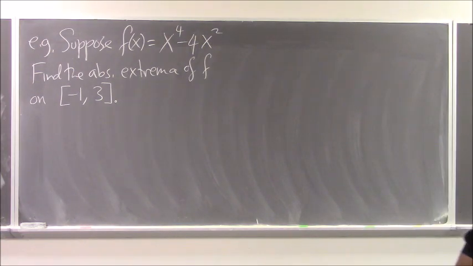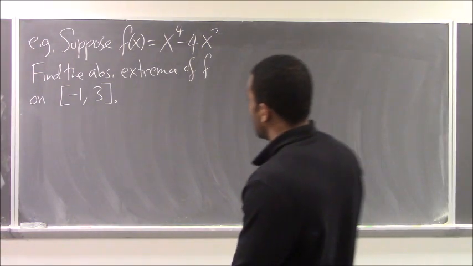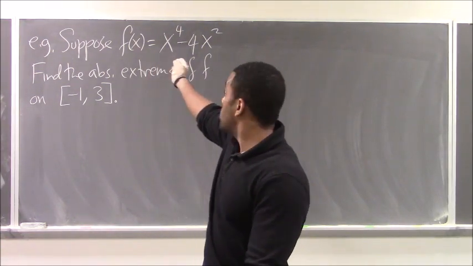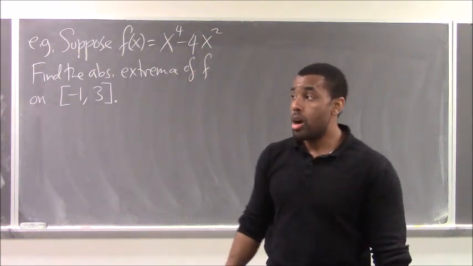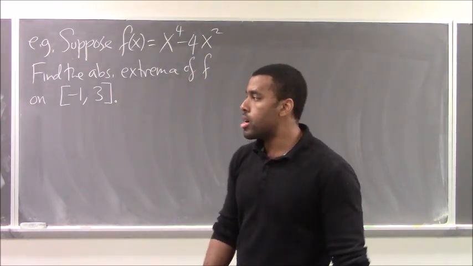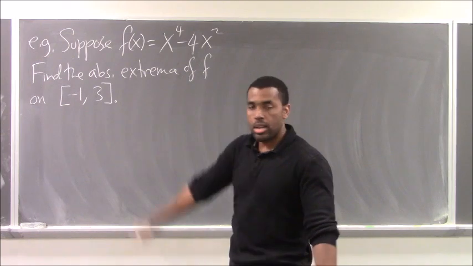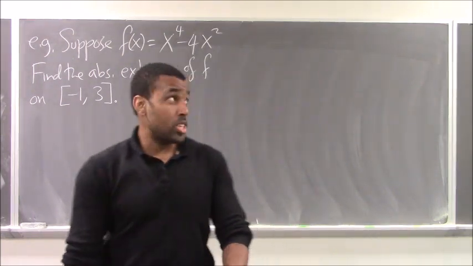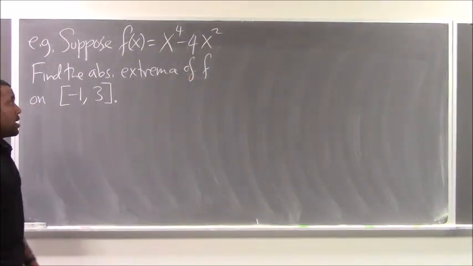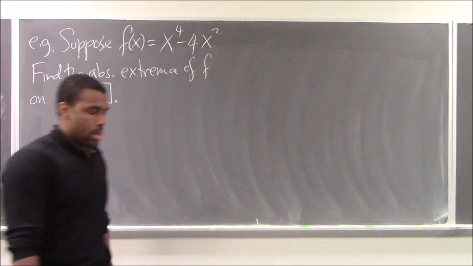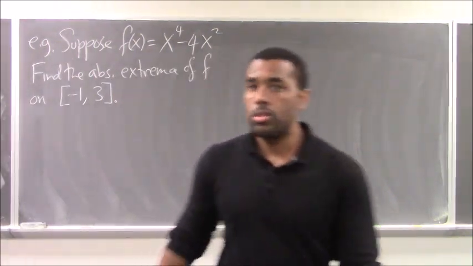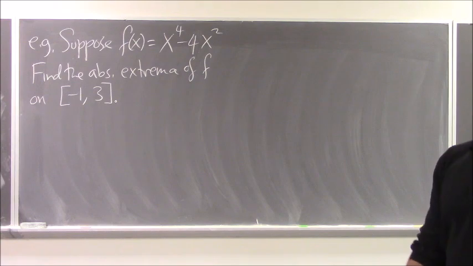So, a couple things you can notice here. This function is a polynomial function. We know that polynomials are continuous everywhere, so for sure it's continuous on that closed interval. So we have a continuous function on a closed interval, and I want you to find the absolute maximum and minimum on this interval. So copy that down.